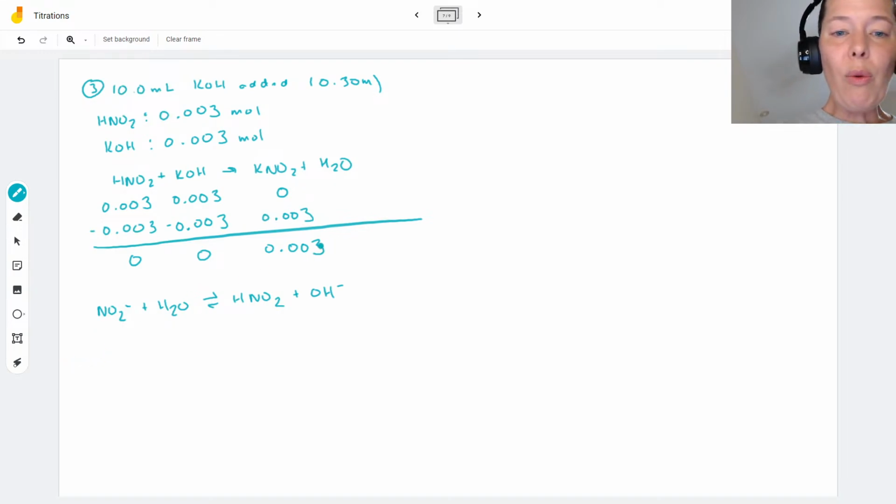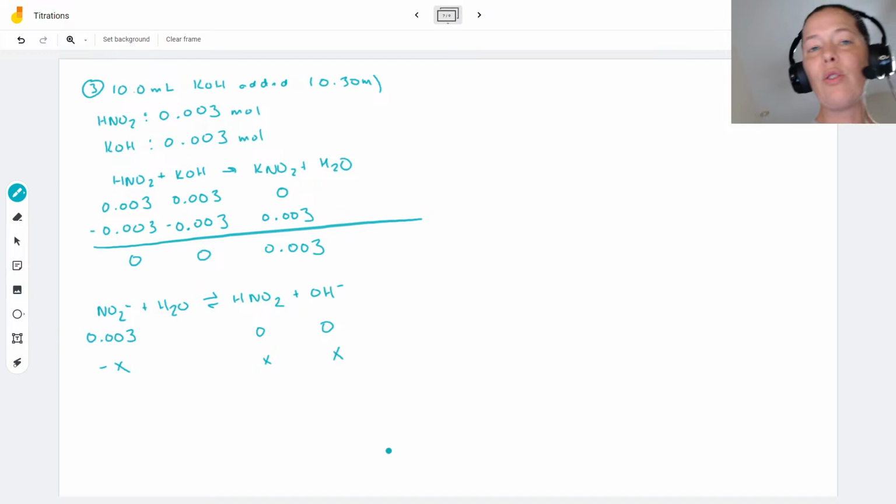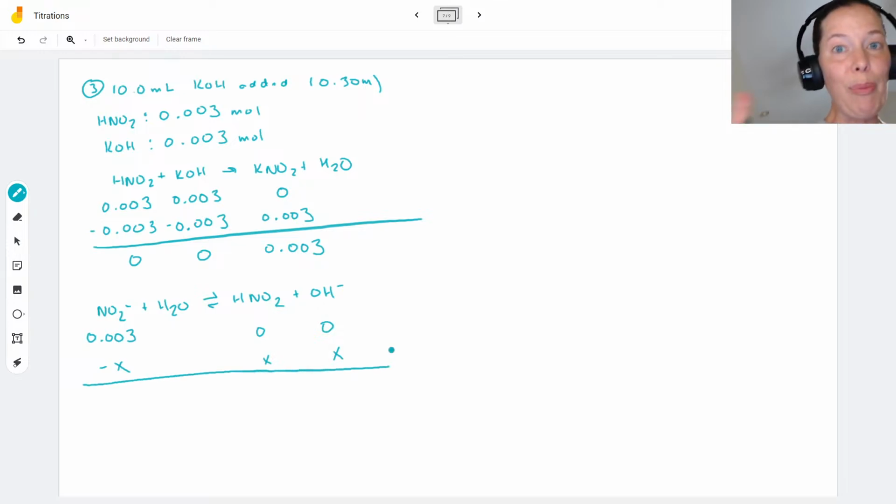Okay, so from my stoichiometry, I know that I have formed 0.003 moles of my nitrite. I'm going to put both of these at 0. Again, I ignore water. I don't know how much is going to form. I don't know how far my reaction is going to go to the right at this point. Again, this is a proper ice table. It's equilibrium. So this becomes 0.003 minus x.